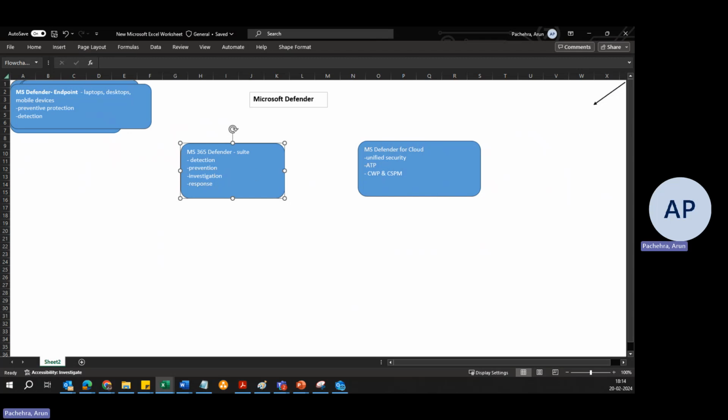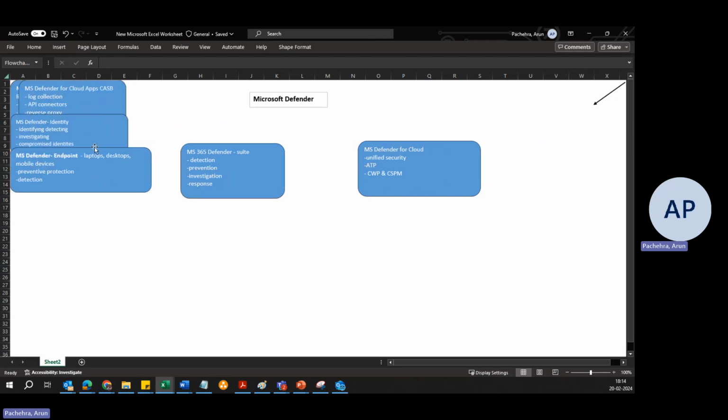And if we talk about the Defender for 365 suite, this is aimed to protect user identities, endpoints, emails, and applications within the MS 365 ecosystem. It integrates various Defender products, as we talked about, all these that we have already been through, such as Defender for Endpoint, Defender for Office, Defender for Identity, Defender for Cloud Apps, into a cohesive security solution. It is specifically focused on the MS 365 suite, including productivity tools and services like Exchange, SharePoint, OneDrive for Business, and Microsoft Teams.